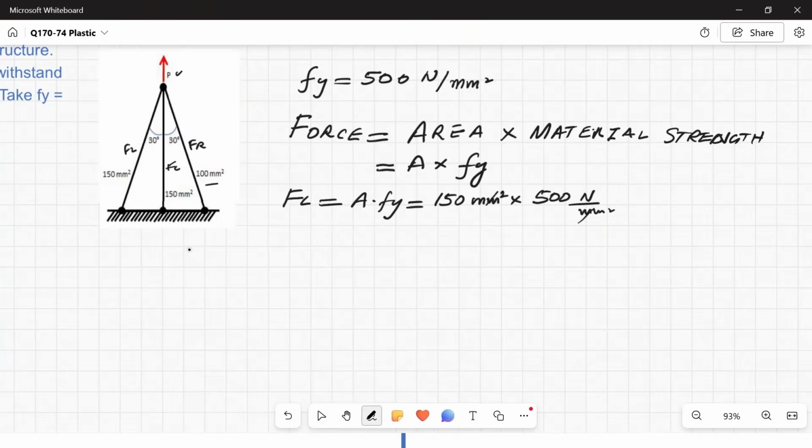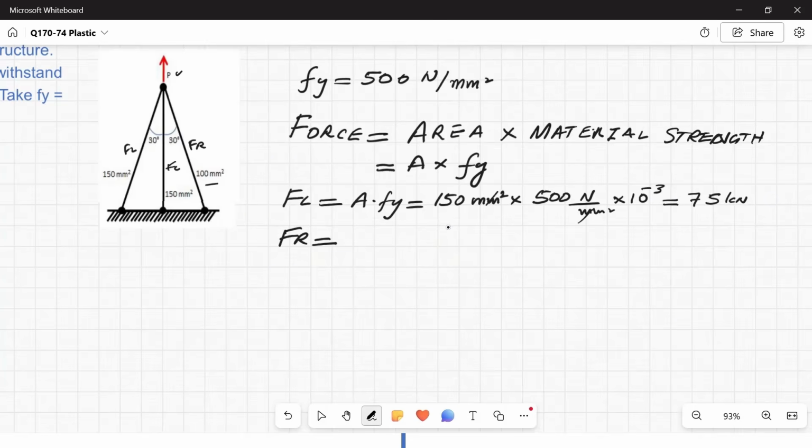To convert newtons into kilonewtons, I will divide it by 1000, or I will multiply it with 10 raised to minus 3. We are converting here from a smaller unit to a larger unit, so that's why we need to divide. If we were converting from large to small, then we would multiply. From here, it will give me 75 kilonewton.